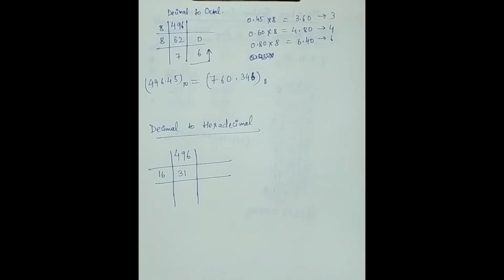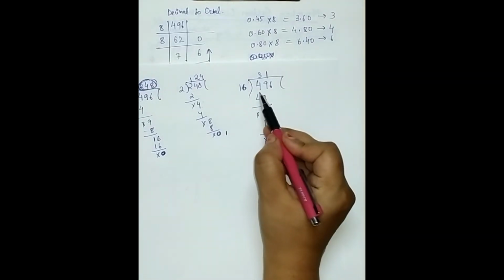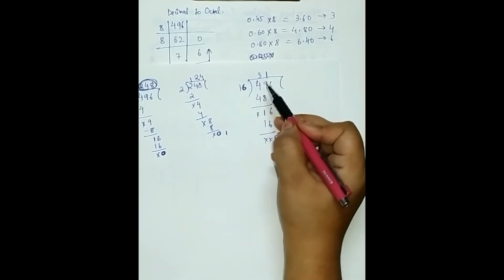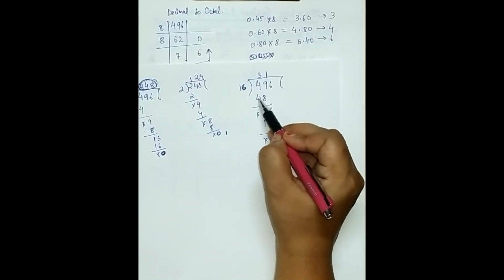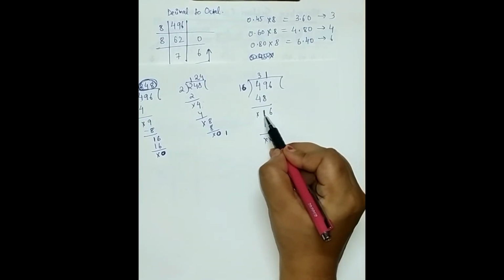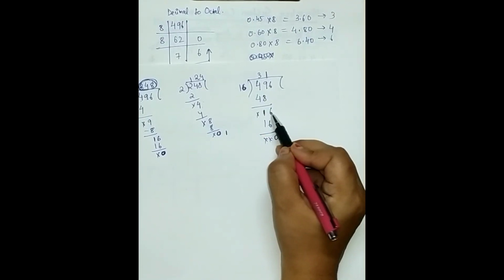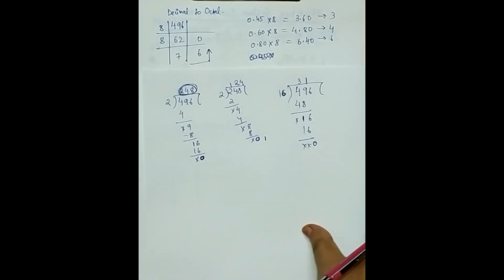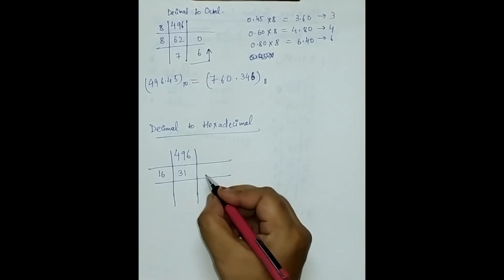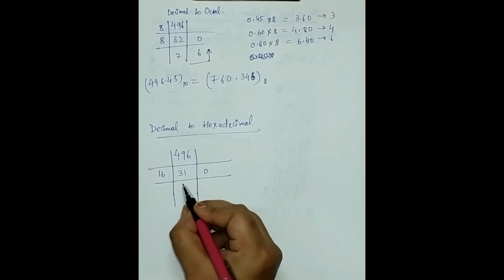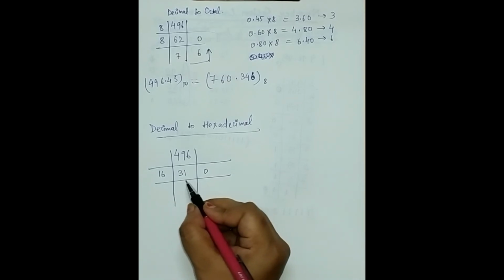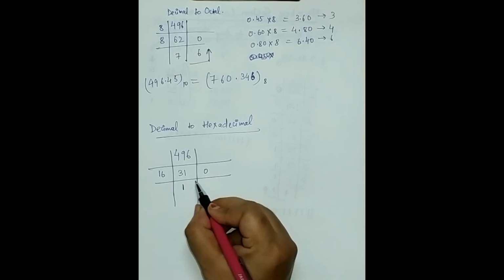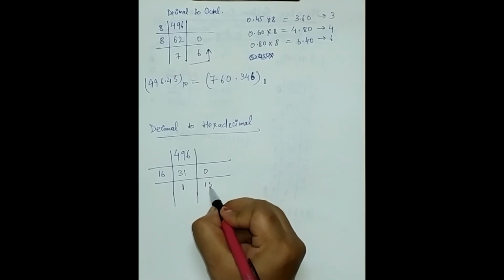How did I get 31? 16 3s are 48, so 1 is left, and you write down this 6. Again 16 1s are 16, so no remainder is left, so it will be 0. So I will write 31 over here and 0 over here. Again 16 2s are 32, so if you subtract, it will be 15.